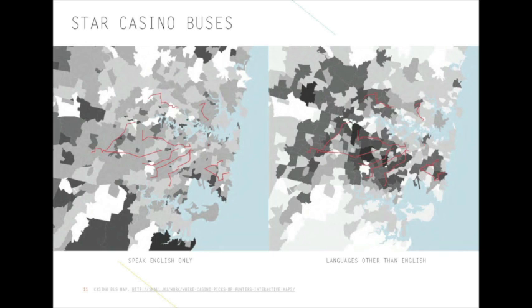On the right-hand side, the map represents areas that have people that speak languages other than English. Again, an indication of a higher percentage of migrant population. And once you overlay the bus routes over these Sydney suburbs on those two maps, it becomes quite clear that the casino was intentionally sending buses to suburbs that are higher in migrant, specifically Asian communities.